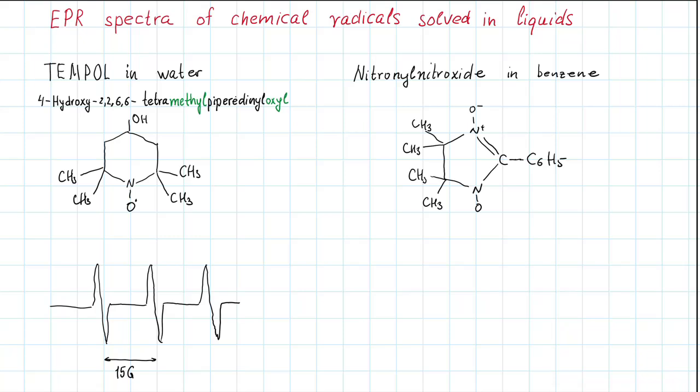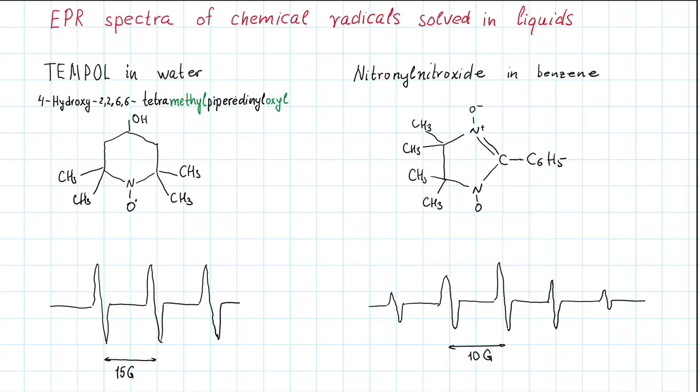Now let us take a look at nitronyl nitroxide radicals dissolved in benzene. In this case, the spectrum consists of 5 lines with different intensities. As in the previous case of tempol radicals, this spectrum can also be explained by hyperfine interaction of the unpaired electron spin with nitrogen nuclear spins.